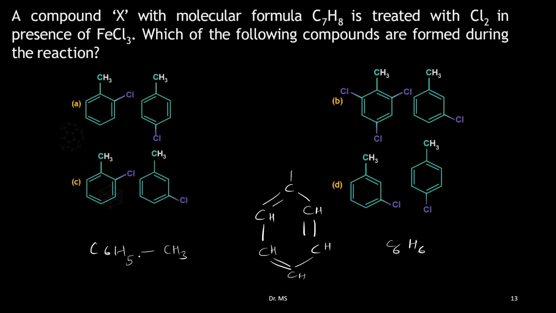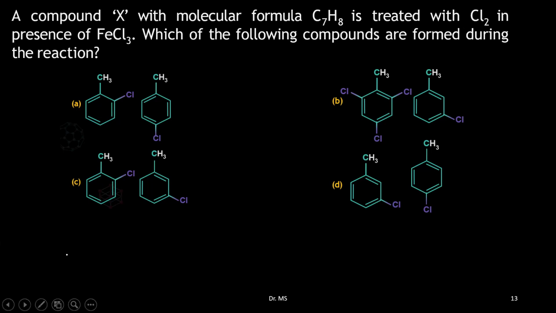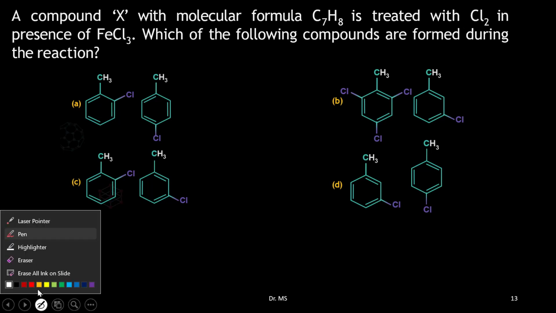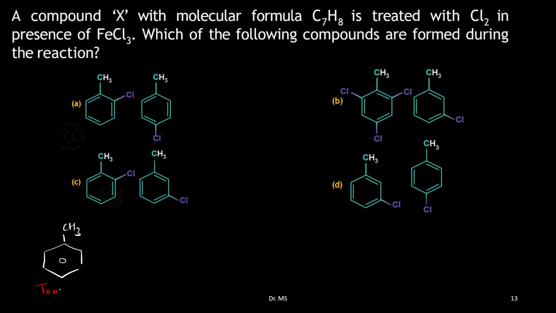So he says that this compound is treated with the chlorine. Does anyone know what this is called? A benzene ring with CH3? Toluene. Yeah. It is called toluene.